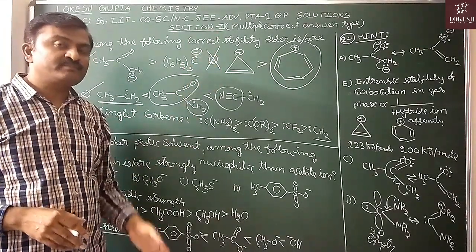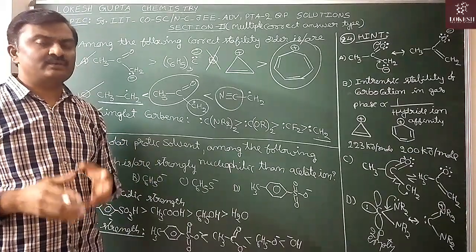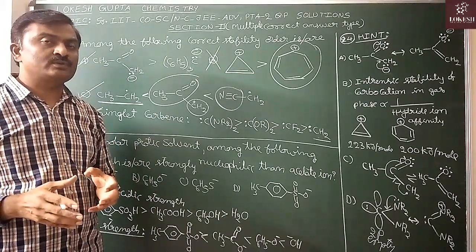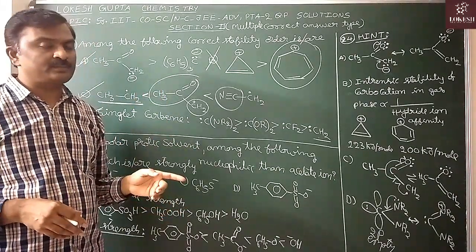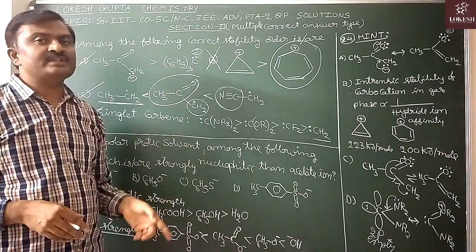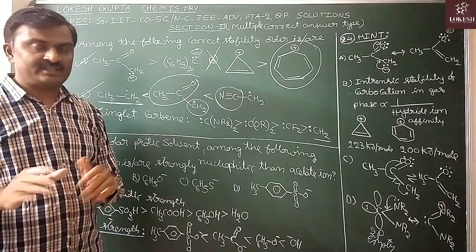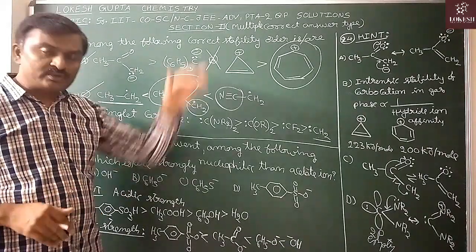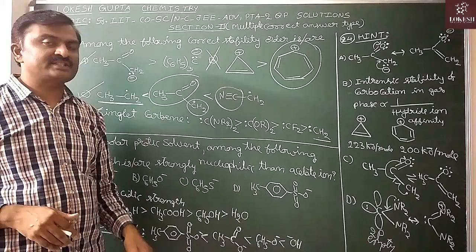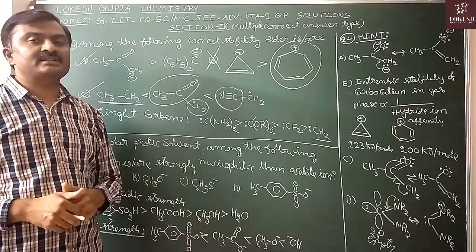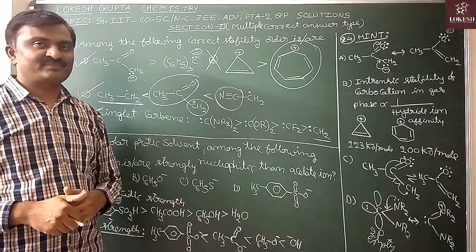But down the group, when the size difference of the nucleophilic atom is more, generally in polar protic solvent, nucleophilicity and basic strength are anti-parallel to each other. Down the group, nucleophilicity will increase, but basic strength will decrease.